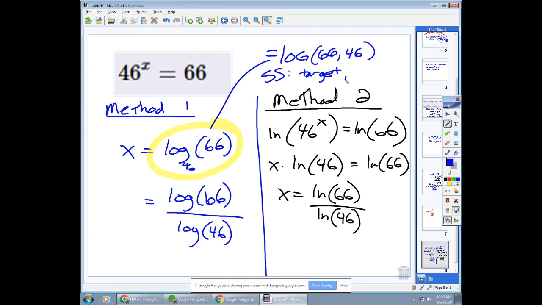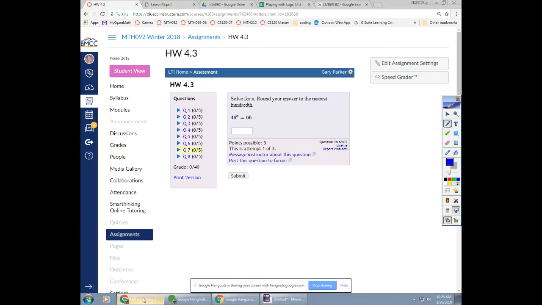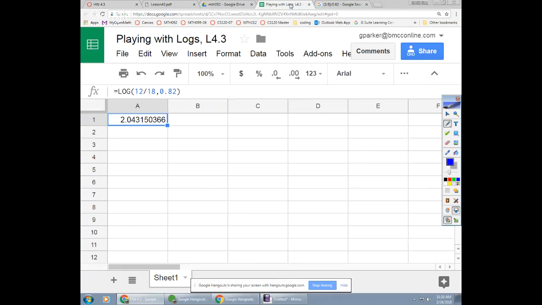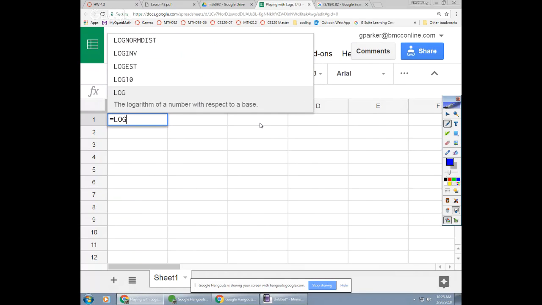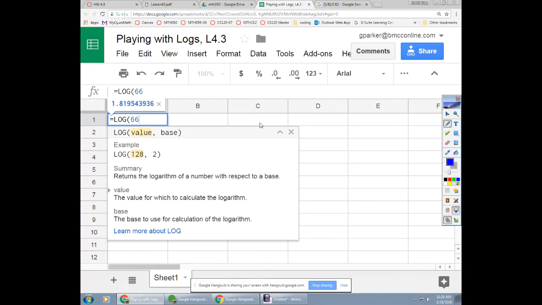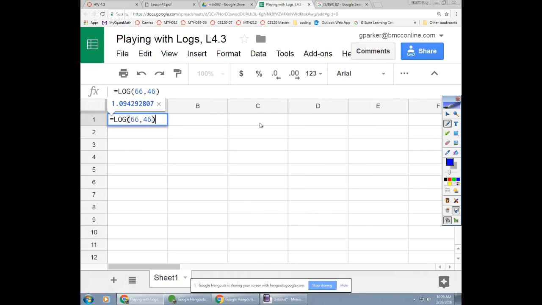Target number, comma, base. So that's kind of a third way related to method one. So let's get a number on a calculator and see if you guys agree with me. Here's my spreadsheet. So using the spreadsheet formula, LOG 66 with a base of 46, I get 1.09.